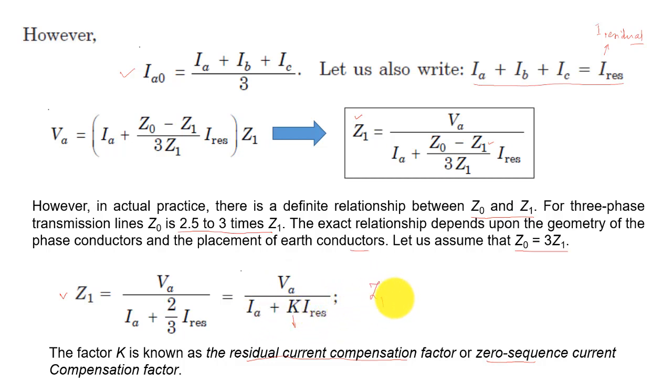Similarly, for phase B fault, I can write VB by IB plus K I residual. Similarly, for phase C to ground fault, I can write Z1 equal to VC by IC plus K I residual. So this includes all the ground faults.